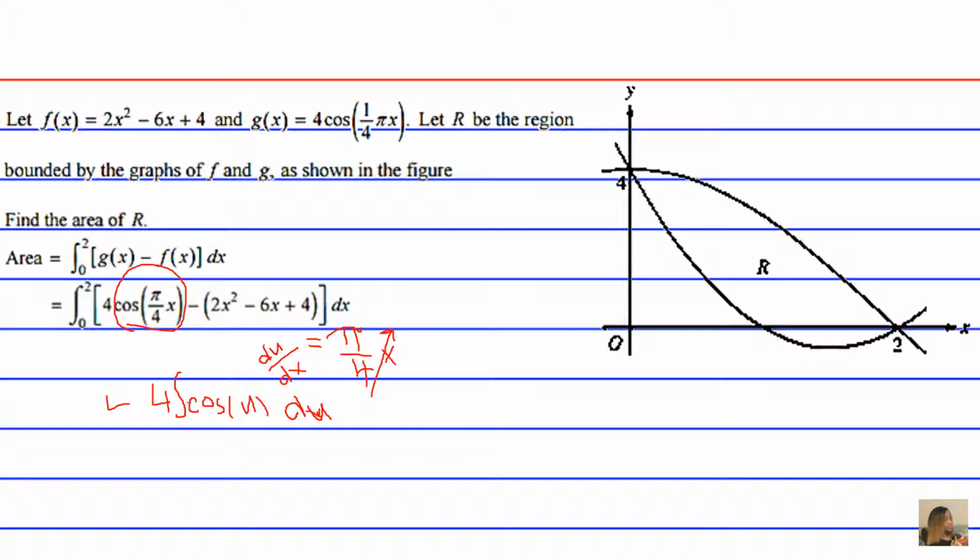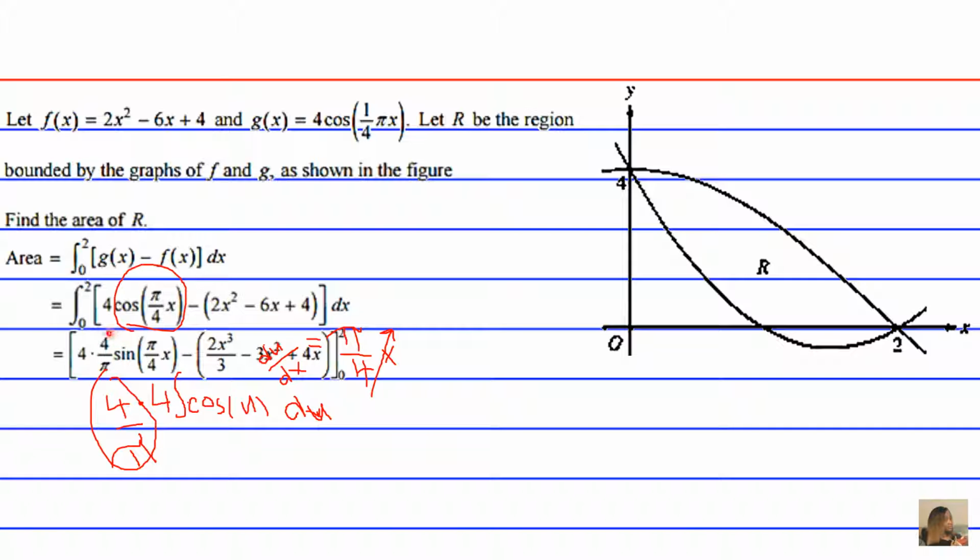But we didn't start off with a pi over 4, so this is the tricky part. To offset this pi over 4 and get rid of it, we're just going to put a 4 over pi out here as a constant, and that takes care of that pi over 4. This is the tricky algebraic manipulation that most people might not be so familiar with.